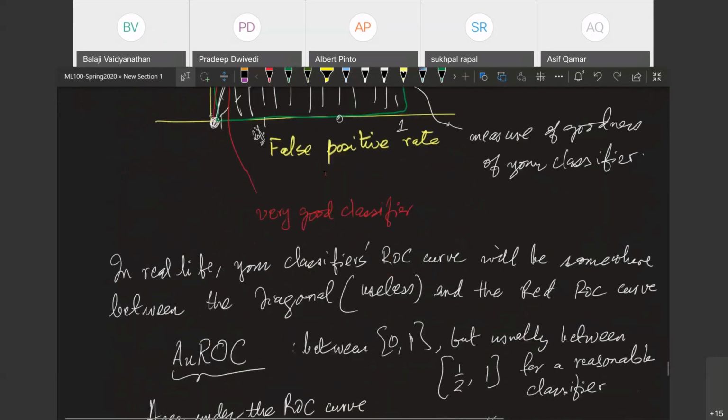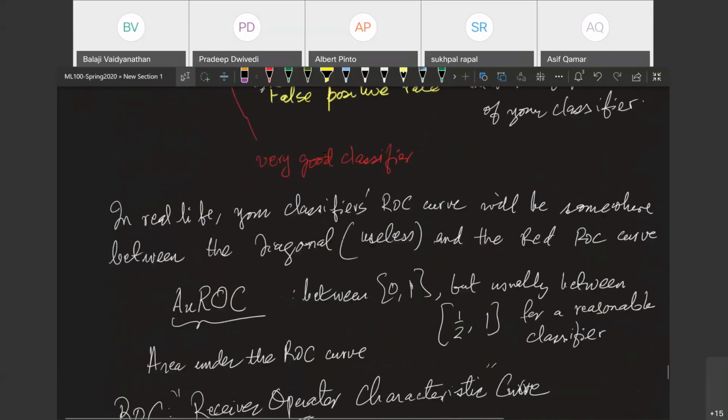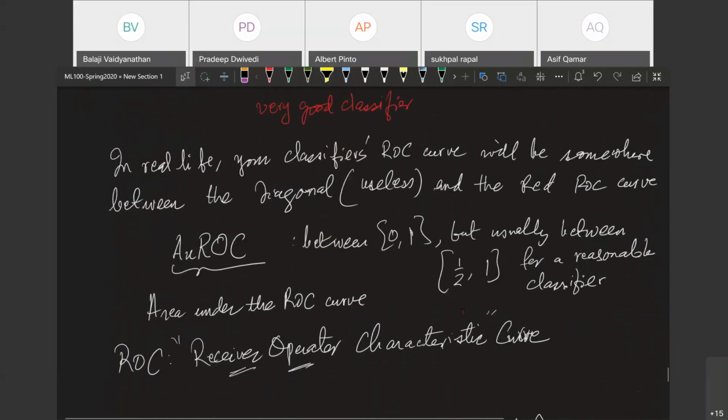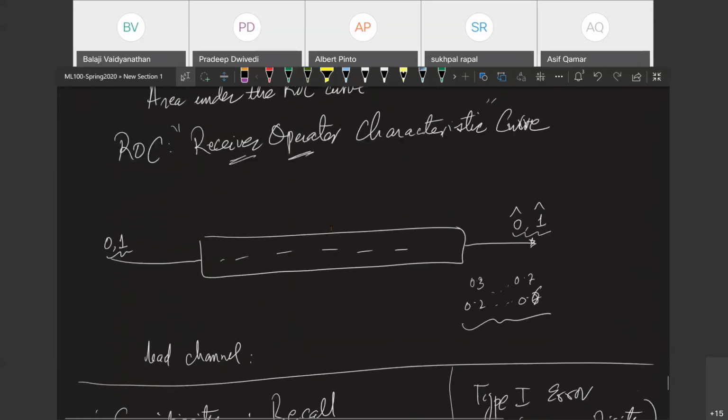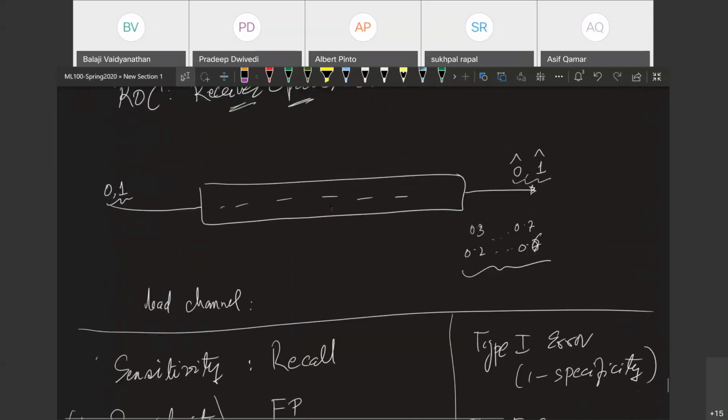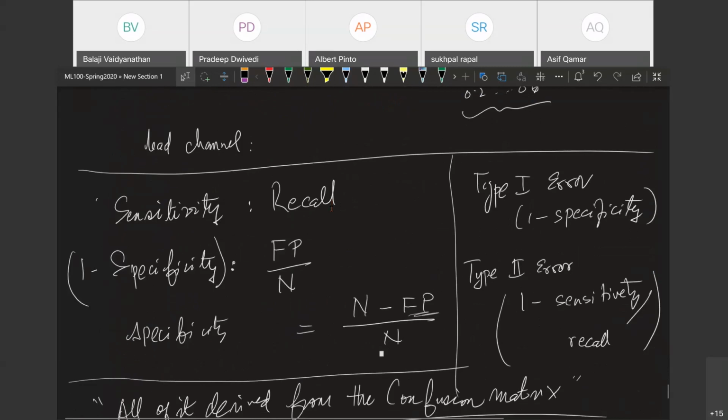And numbers like 90, 95% are considered fairly good, because the total area that is achievable is 1. So your area will be some fraction of that, between half and 1. Whenever you write your classifiers, do establish your area under the ROC curve.